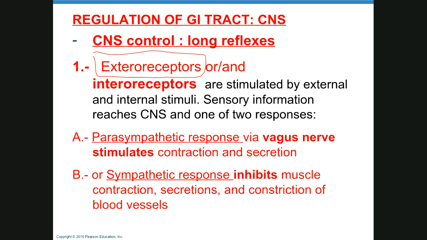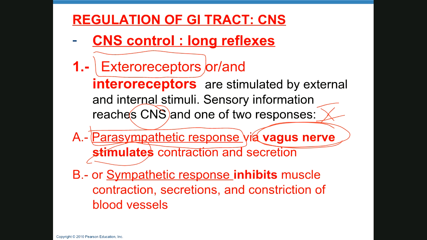The central nervous system is going to act on the GI tract via the parasympathetic nervous system, which uses the vagus nerve, which is cranial nerve number 10, to stimulate contractions and secretions in the GI tract.